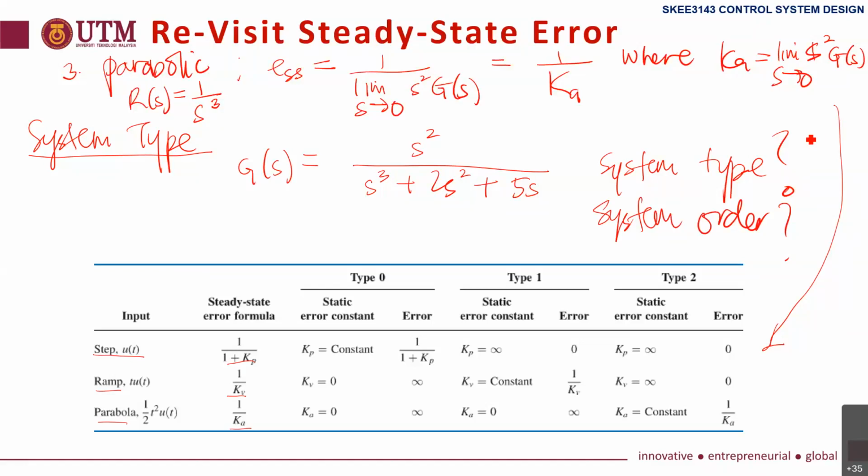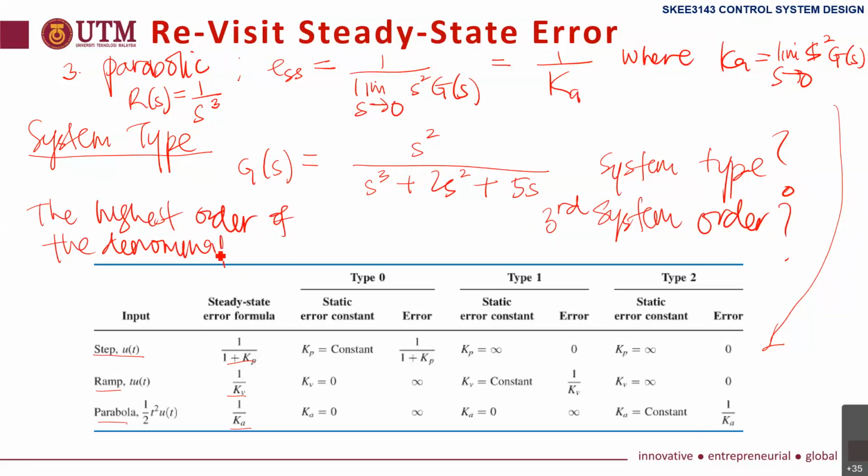Thank you, Najeha. Third order. The highest order of the denominator, that is the system order.